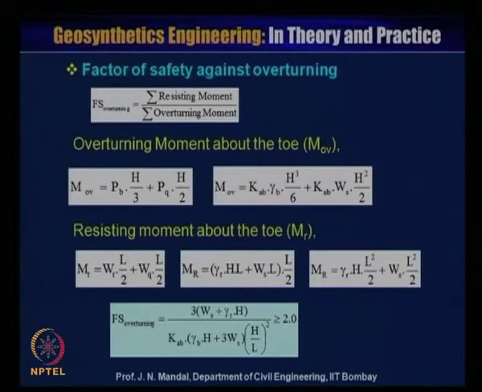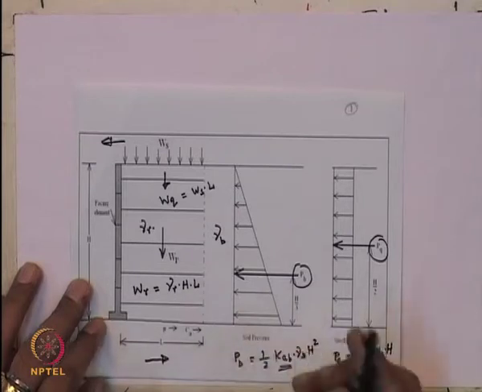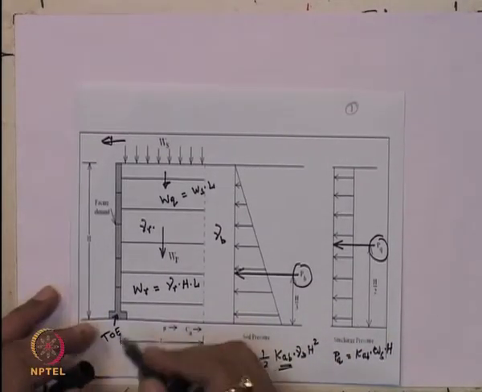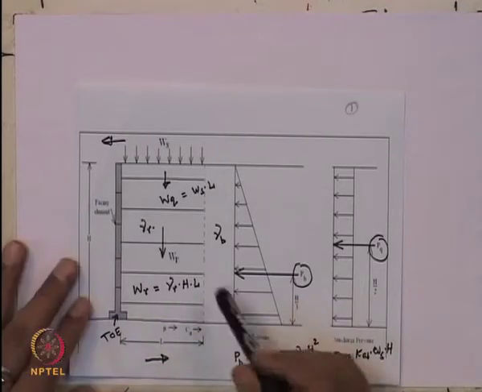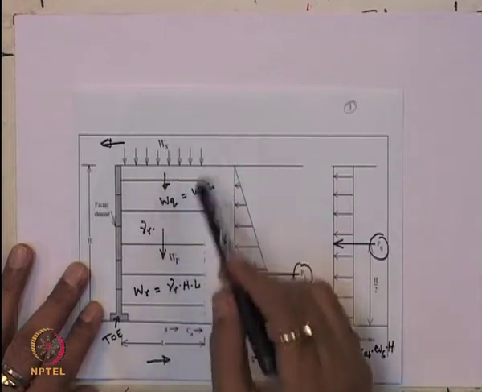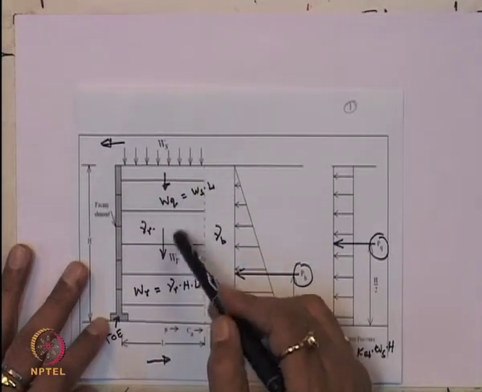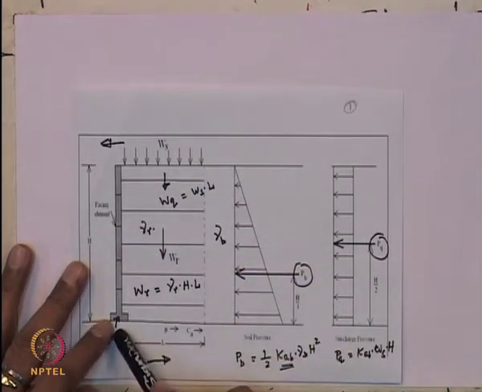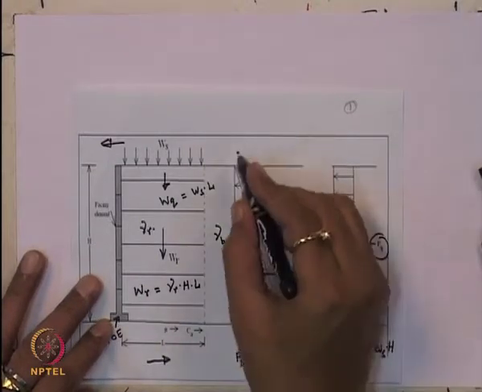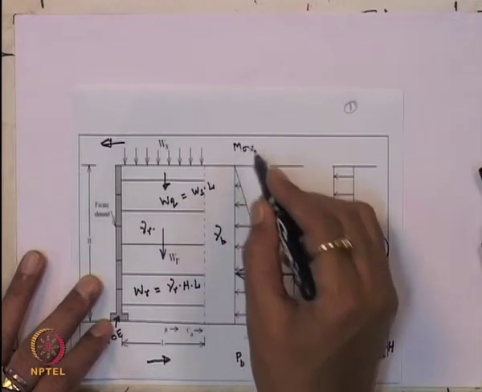For example, this is the toe, and you want to take the overturning moment, not sliding. The overturning moment about the toe we can designate as M_OV.